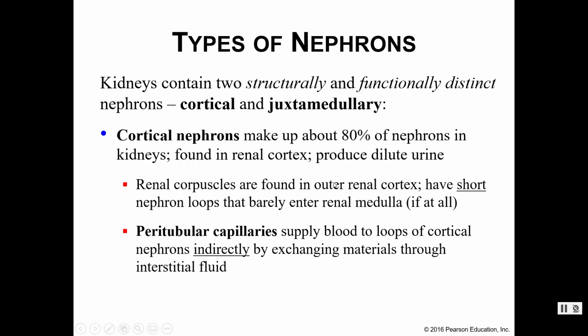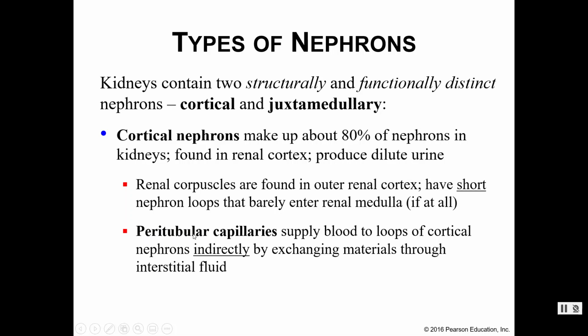The renal corpuscles and the cortex, a little bit of the nephron loop, dips down into the medulla. Sometimes it doesn't. Sometimes the entire loop is within the cortex as well. That's okay. We have peritubular capillaries. Okay, so what are those? Peri, around, tubular, right, around the tube.